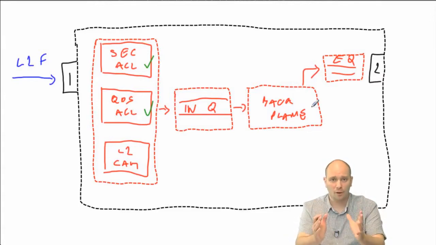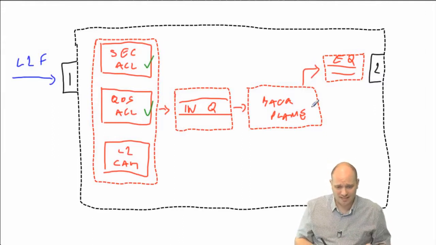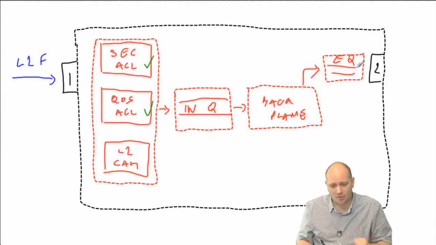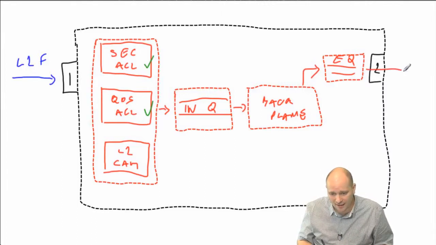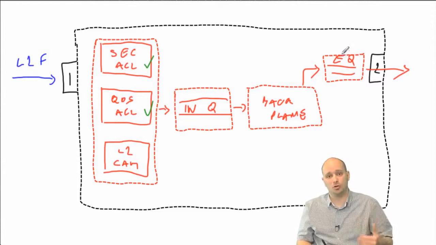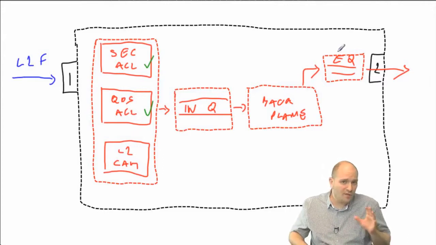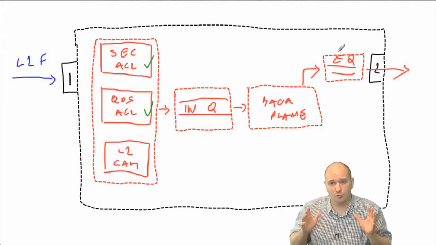But I'll talk more about the queuing and these queues when I talk about the QoS. So finally, our frame arrives at the egress queue and is being sent out. The egress queue here is controlled by QoS processes with QoS schedulers. So this is the lifetime of a layer 2 frame.